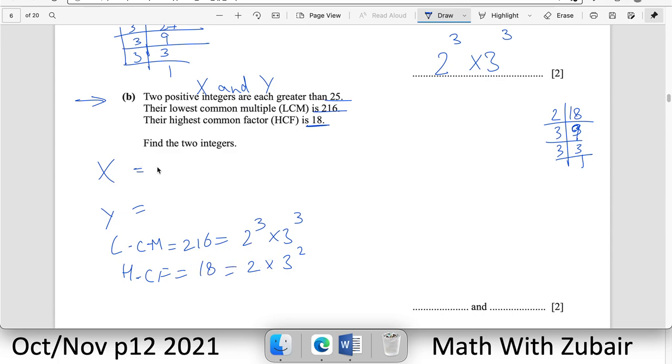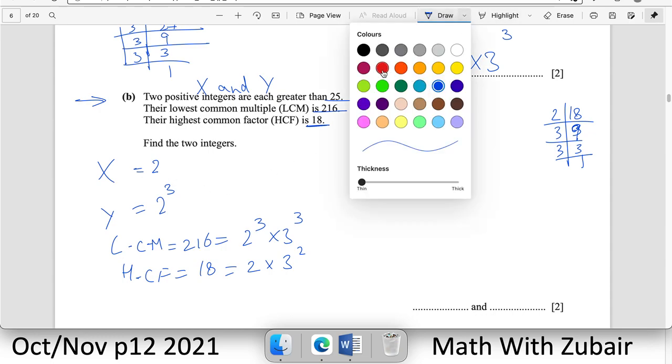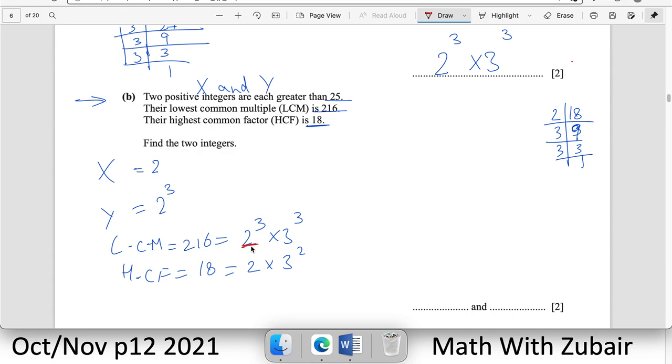So it must come from somewhere, and the other number is 2 cube. There is nothing else we can do with this 2 and 2 cube. To have a 2 cube in the LCM, it should come from somewhere, and to have a smaller power of 2 in the HCF, it should lie in the other number.